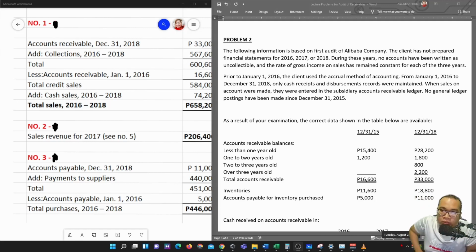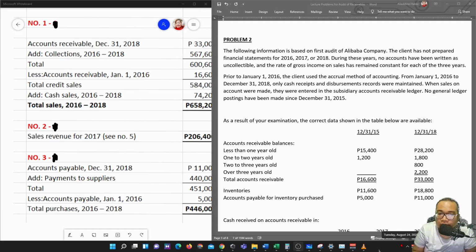So, with that, prior to January 1, 2016, the client used the accrual method of accounting. From January 1, 2016 to December 2018, for the 3 years, only cash receipts and disbursements records were maintained. When sales on account were made, they were entered in the subsidiary accounts receivable ledger. So, no general ledger postings have been made since December 31, 2015.